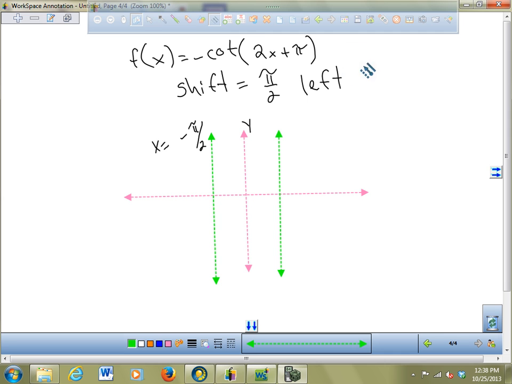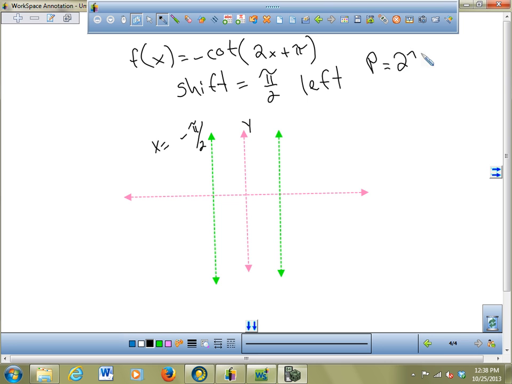No, because the period, what's the period of this one? 2 pi divided by 2, which is pi. So it's going to take pi radians to complete one cycle. So it's going to go from pi over 2 to where? Pi over 2. Wait a minute. Negative pi over 2.